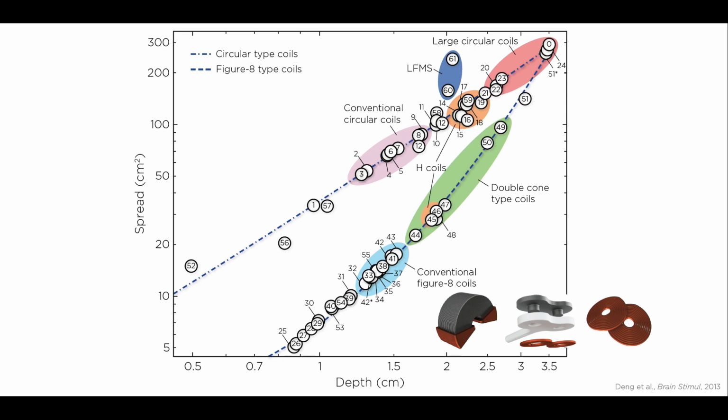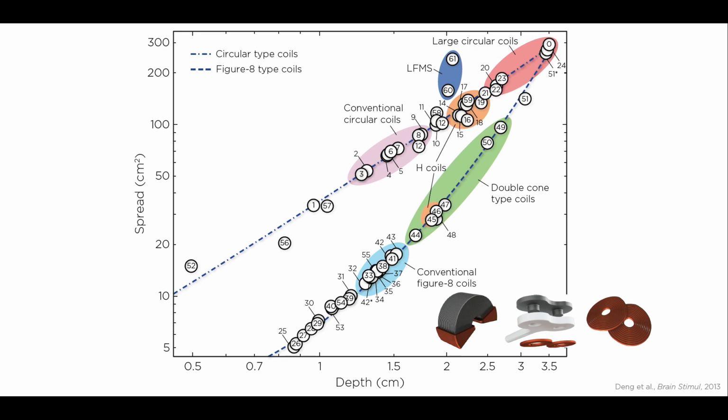And so you can see here that out of all of those 60 or so coils, they lie nicely on two lines, the circular type coil on top and the figure-8 type coil on the bottom, which means that the figure-8 type coils are intrinsically more focal compared to the circular type coils. That means that for a given depth of stimulation, you always stimulate less brain. The spread is always smaller with the figure-8 compared to a circular type coil.